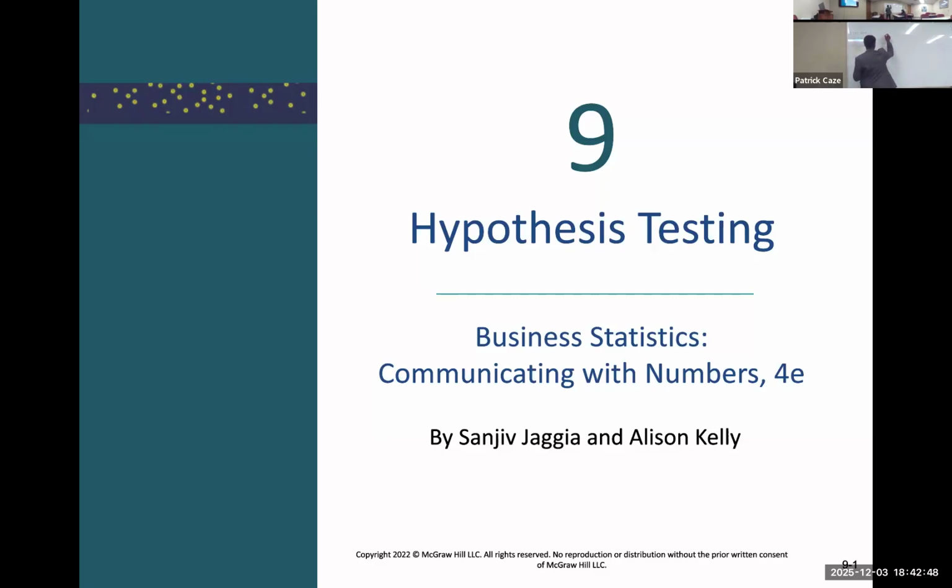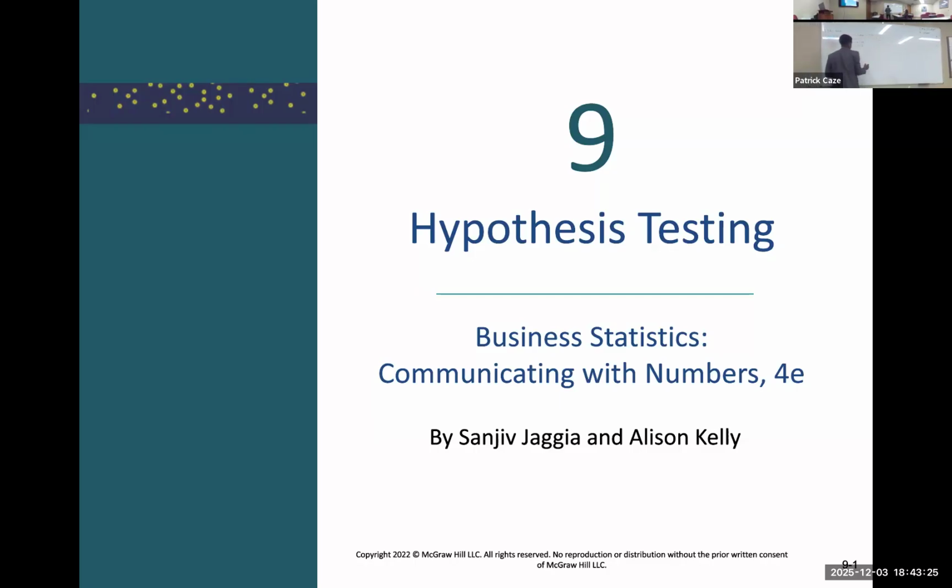Let's say average study time is 14 hours. What I want to know is, for our university, this is the national average of 14 hours. Is that correct with our university? So I sample 35 people, and it comes out to be 12. Now I need to figure out, is this correct?